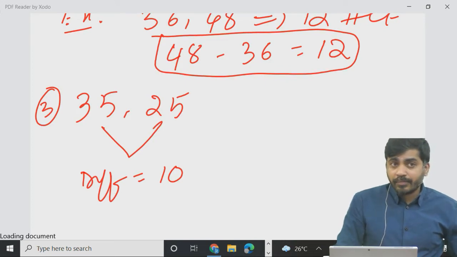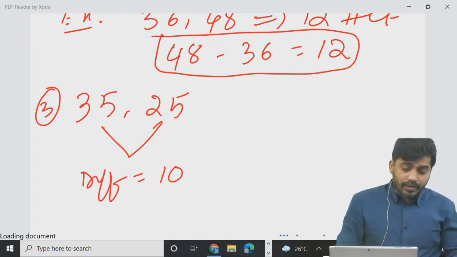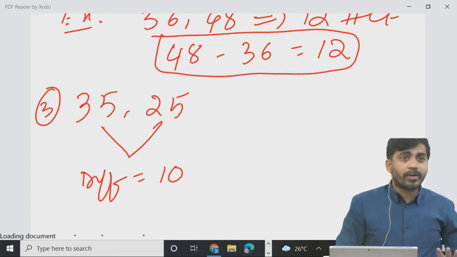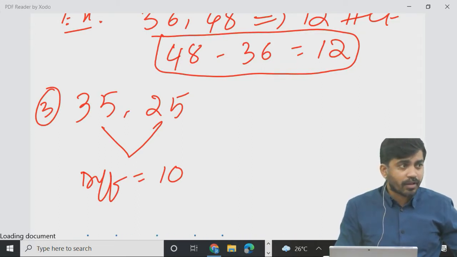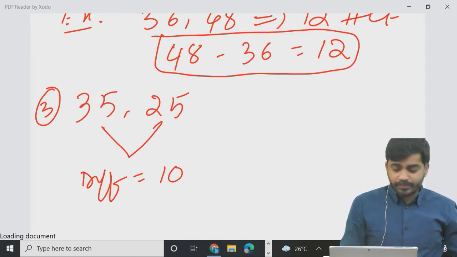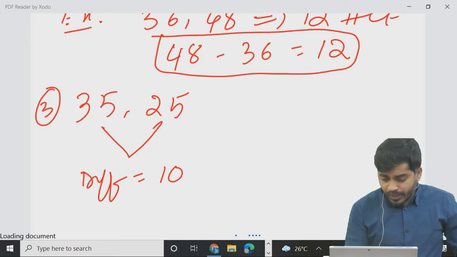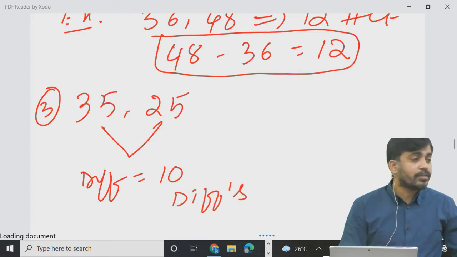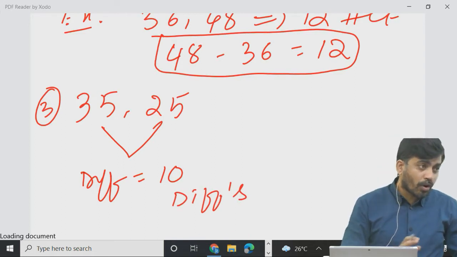But actually 25 and 35, these two numbers are not multiples of 10. Does 10 divide 25? No, it does not divide. 10 is not a factor of 25. So in that case the difference, which is 10, is not the answer for this question.